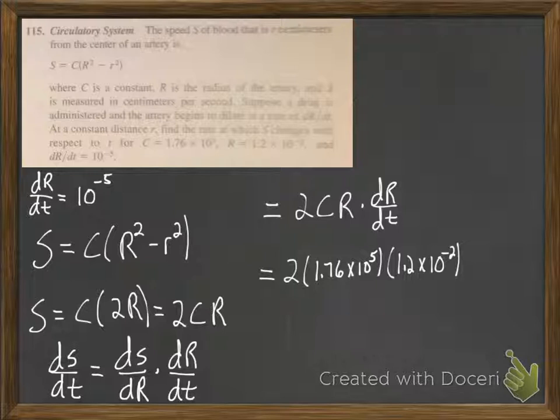And finally, dR/dt, which was 10 to the negative 5th.